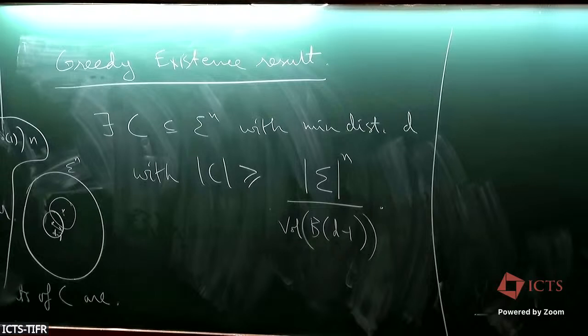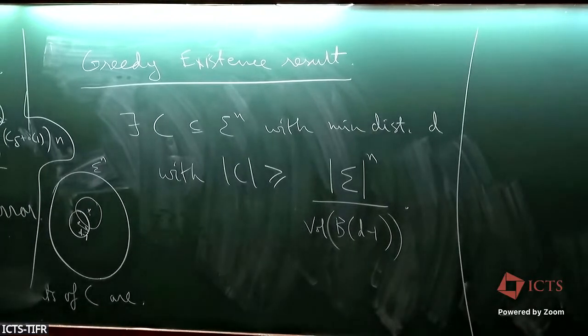It is something of this form with a different c delta. So we have some idea of the shape of how big the largest code can be. The c deltas are not the same. This is the volume of the ball of radius d over 2, and that's the volume of the ball of radius d, roughly. So these are quite different. Finding out that c delta is maybe the biggest open question of the combinatorial aspect of error correcting codes.